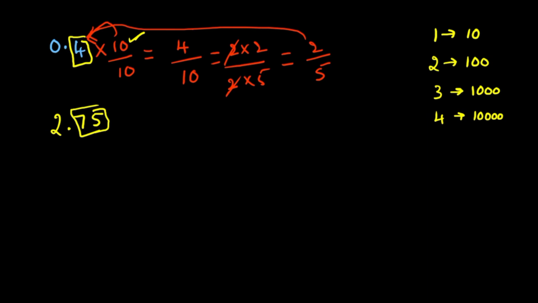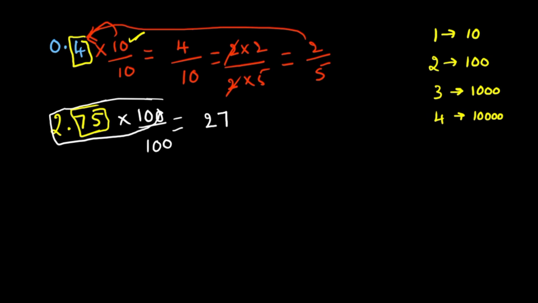Now 2.75. 2.75 means we have 2 digits before the point. So what we do now, we multiply by 100 by 100. Now we get 275, and in the previous class we discussed that when we multiply by 100 we have 2 zeros here. So take the point after the 2 digits, then you have 275 by 100.